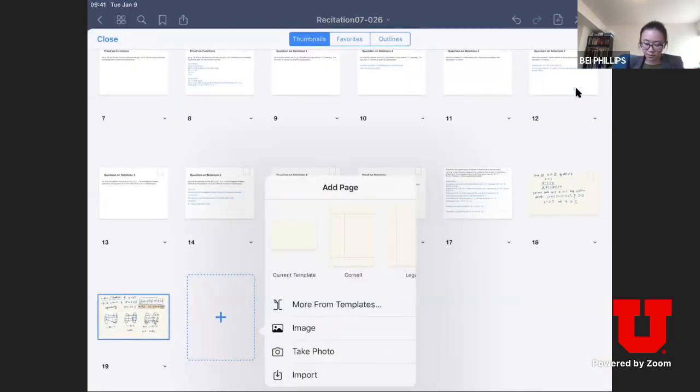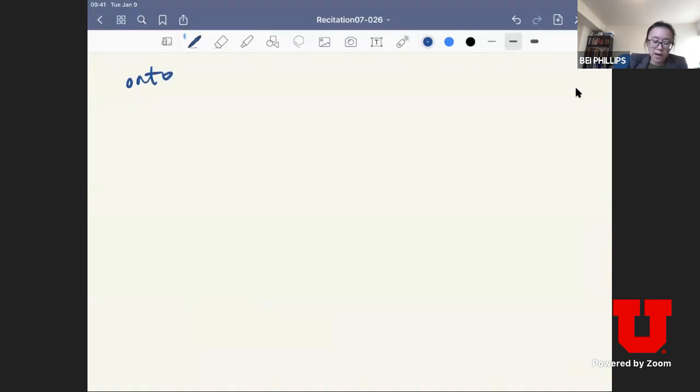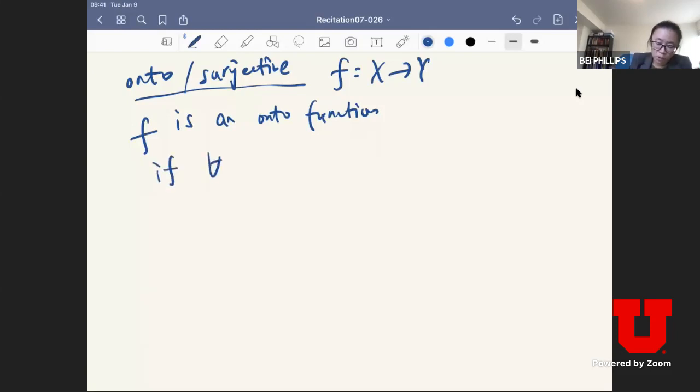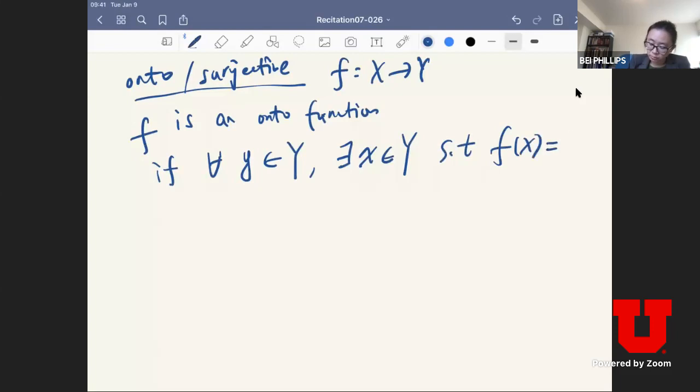What is an onto function? An onto function is also called a surjective function. Again, I have a function from X to Y. So f is an onto function if for all elements y in the codomain Y, there always exists an element x in the domain such that f(x) is equal to y.